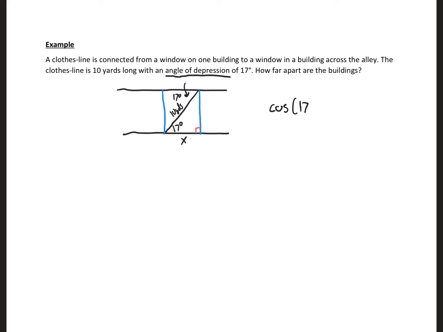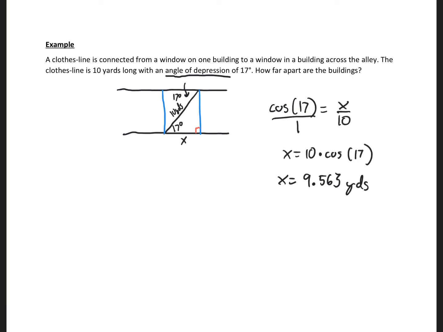Cosine of 17 equals x over 10. Put that over 1. 1 times x is x equals 10 times cosine of 17. X will equal, entering that in our graphing calculator, 9.563, and the units are yards.